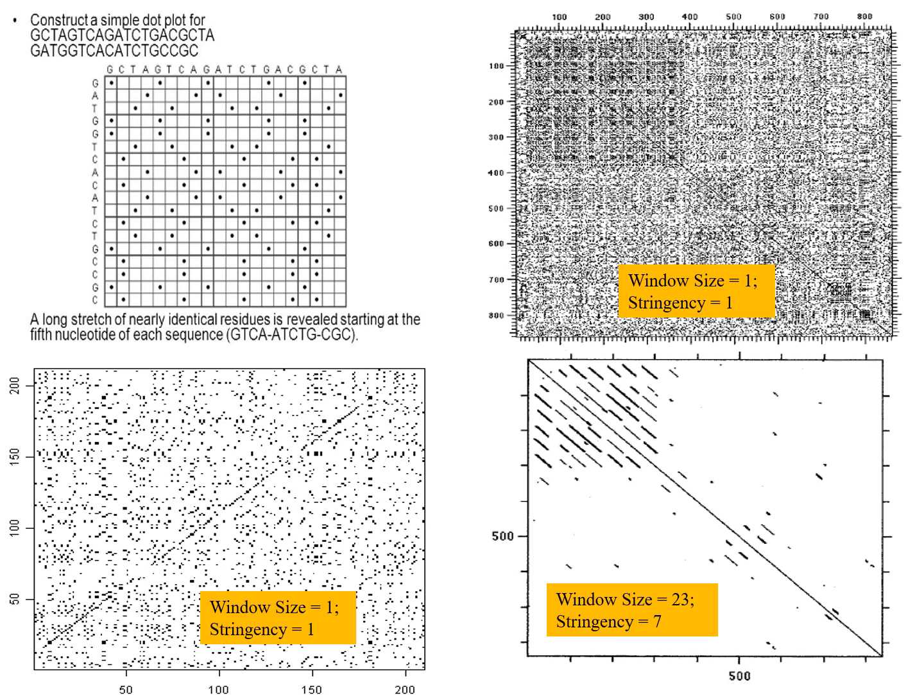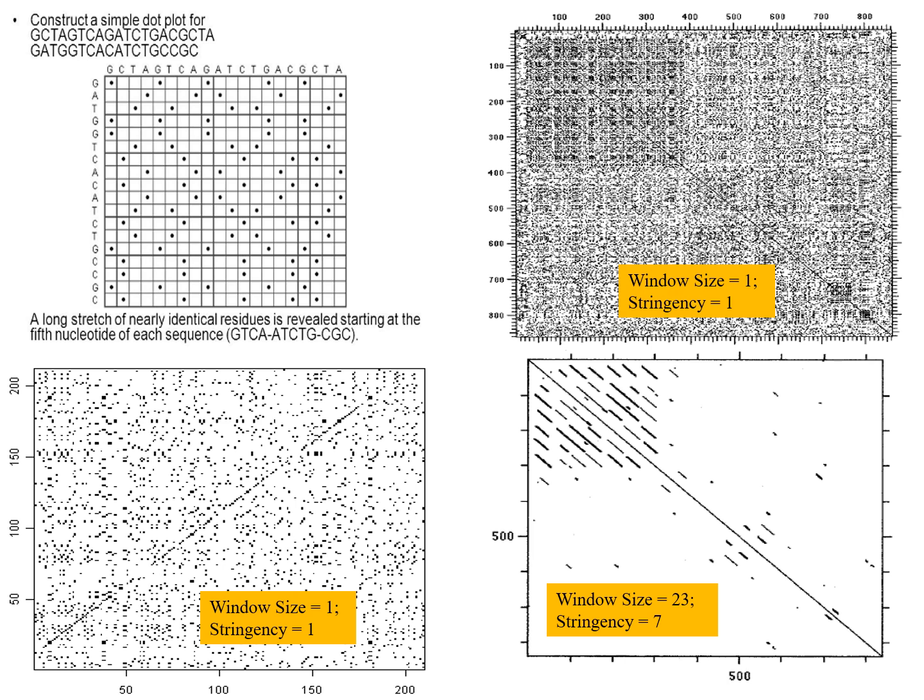Now what you see here are two important terms. One is the window size and the next one is the stringency. In this case, the window size is 1 and the stringency is 1 as well. What does that mean? The window size is the number of characters that are to be accommodated per cell, whereas stringency is when to place a dot.